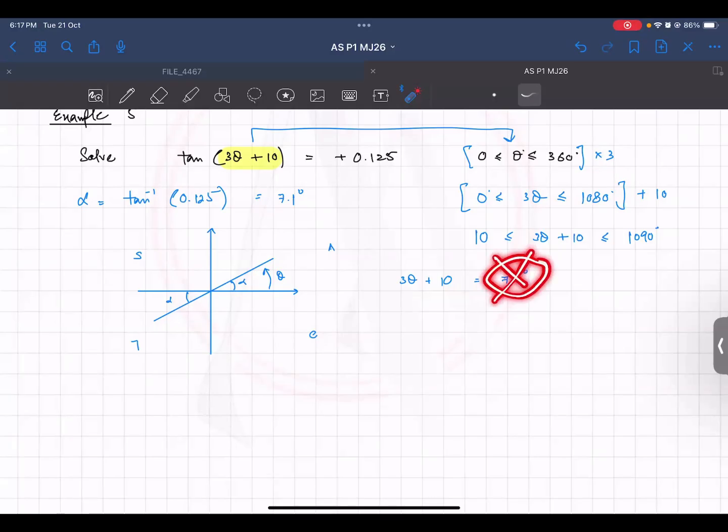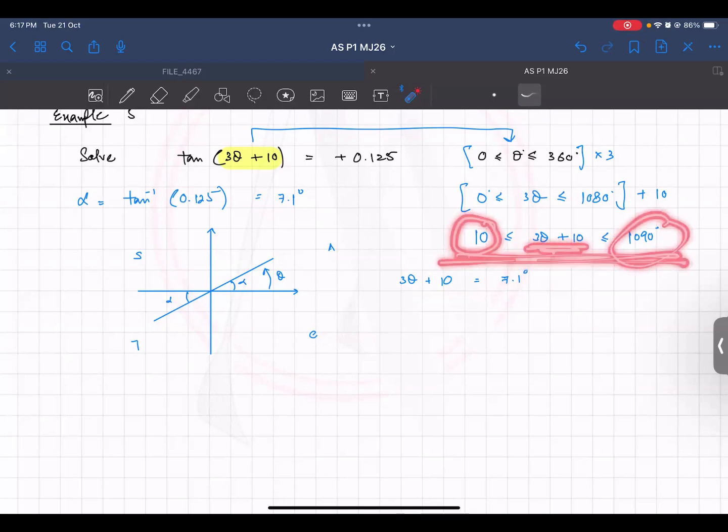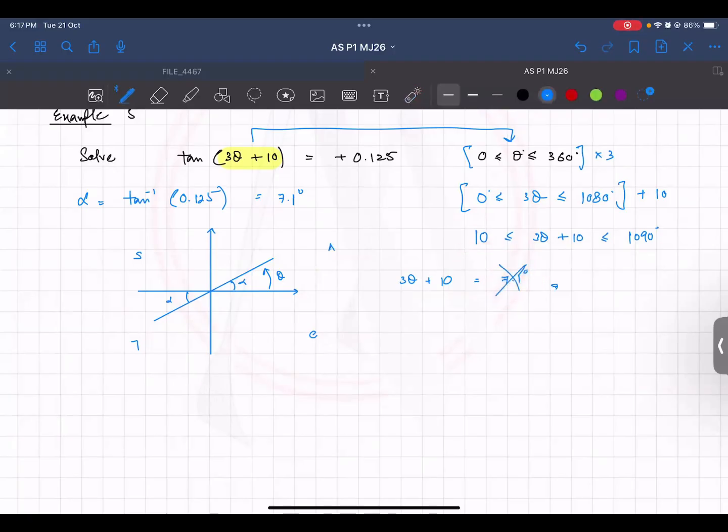So even if you write it down, you will cross it out because it is not within the range. The new range is telling us that 3 theta plus 10 solutions should be between 10 and 1090, and 7.1 is less than 10. It is out of the range, so you will not take this. And the second one is 180 plus 7.1, which will be 187.1.